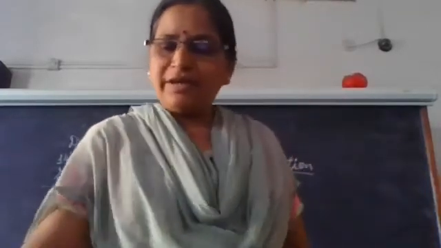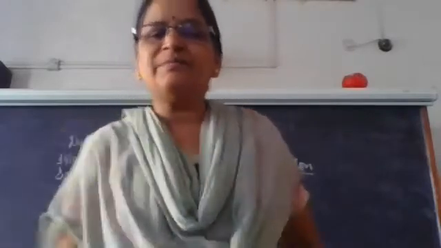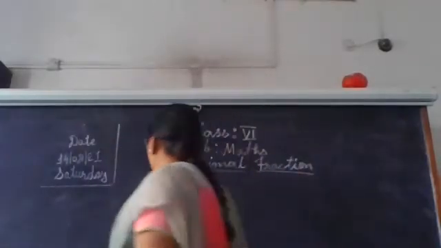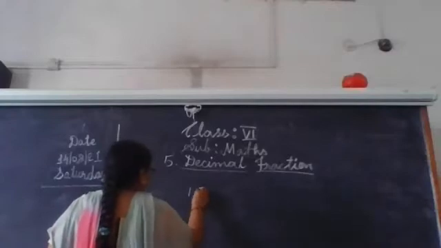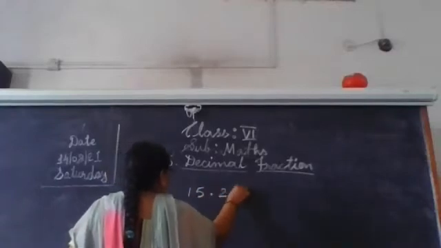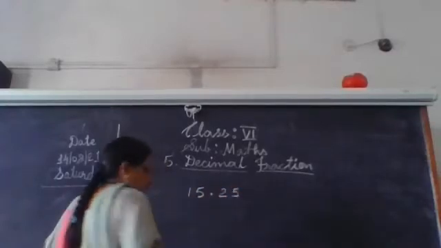So a decimal number, or you can say a decimal fraction, has two parts. For example, 15.25.